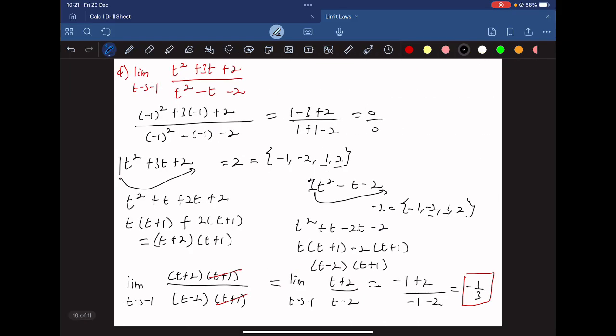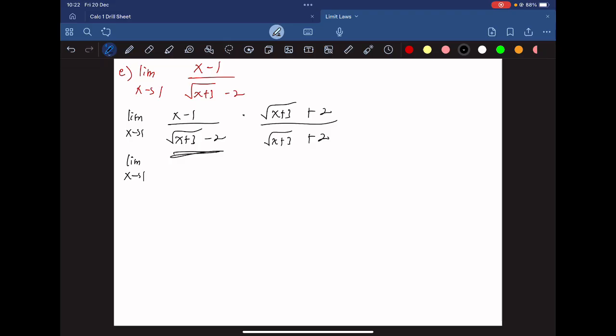So in this case, since the radical is in the denominator, we multiply the denominators and leave out the numerators. So we have x minus 1, then the square root of x plus 3 plus 2.